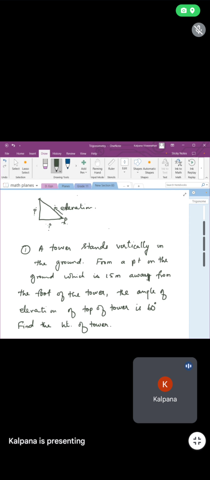Now you are standing on top of a building and seeing a stone or some particle on the ground. When you look down, this is called angle of depression.